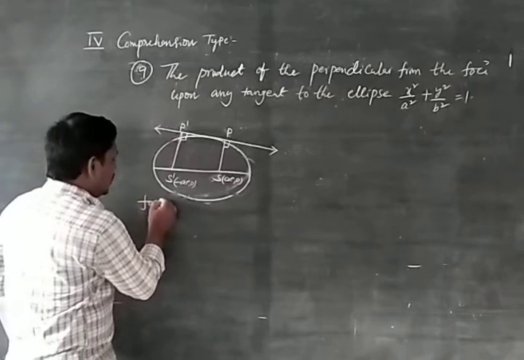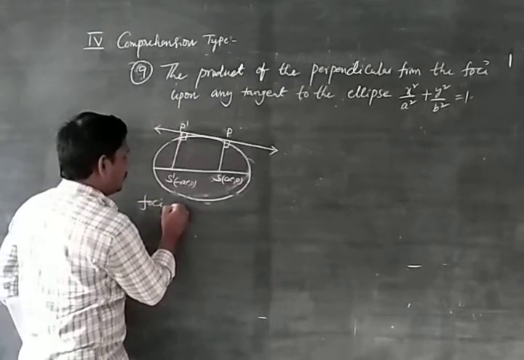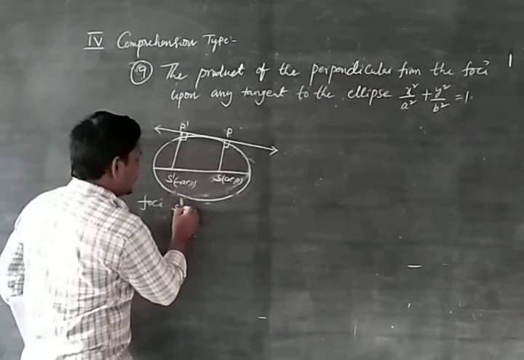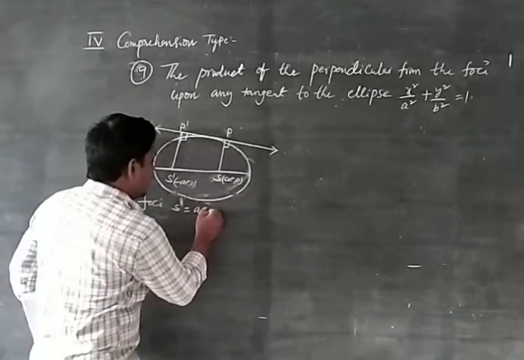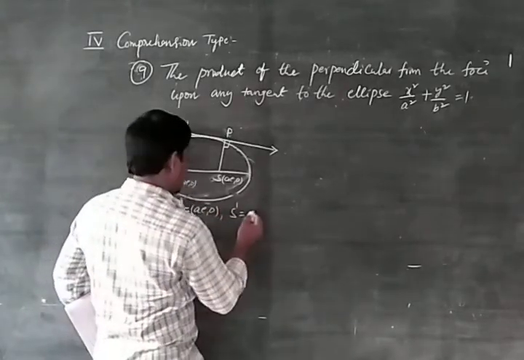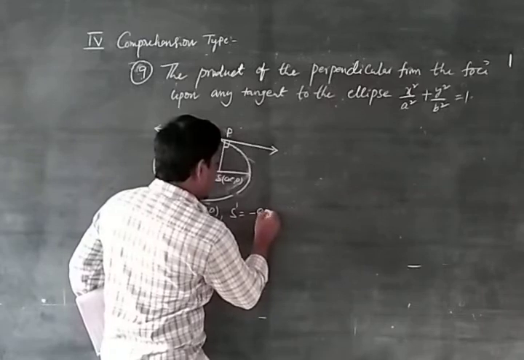The foci are S equal to AE comma 0, S dash equal to minus AE comma 0.